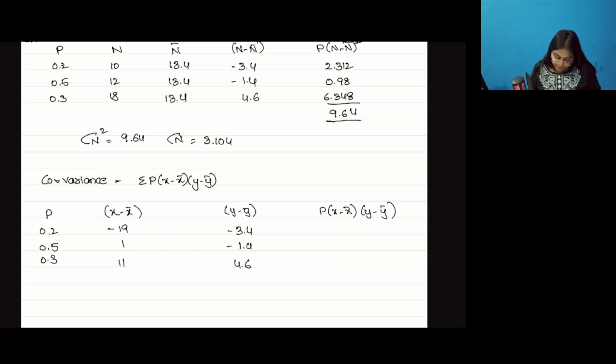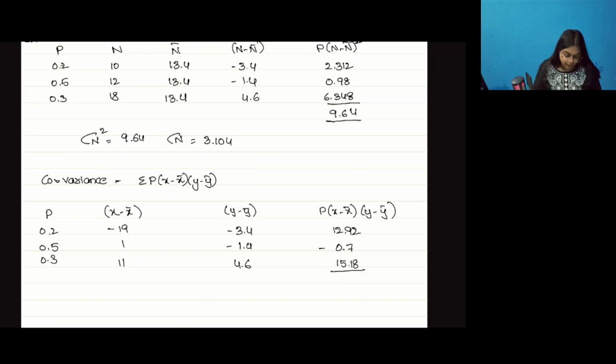So minus 19 into minus 3.4, 64.6, into probability 0.2, 12.92. 1 into minus 1.4 into 0.5, minus 0.7. 11 into 4.6 into 0.3, that is 15.18.